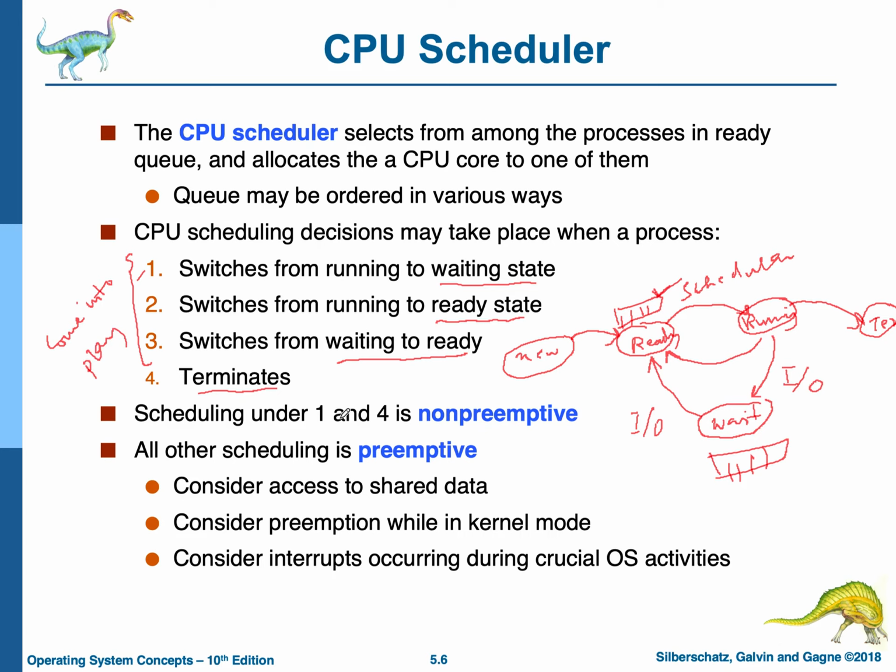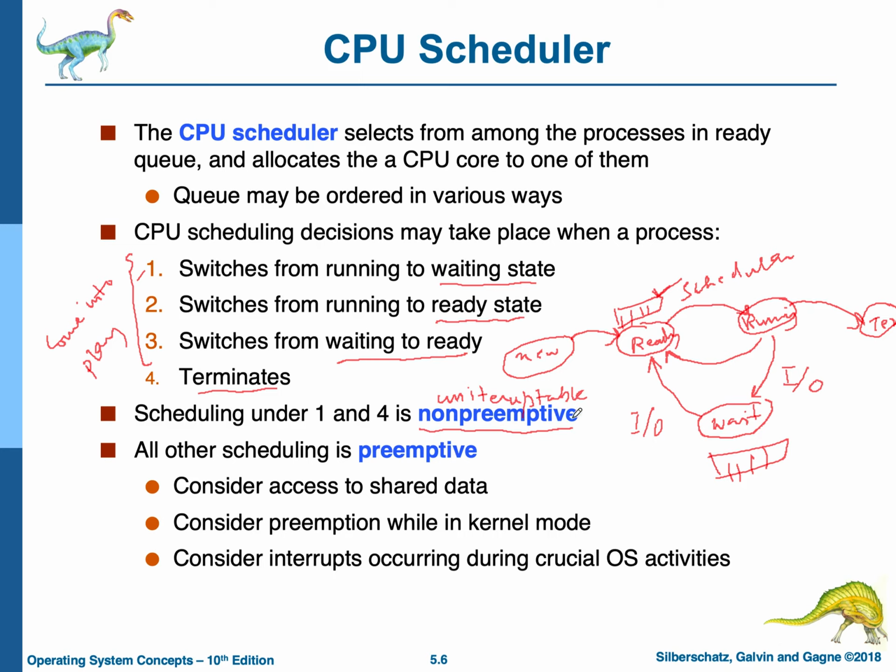Now scheduling under conditions 1 and 4, when the CPU switches from running to waiting state and when it terminates, is non-preemptive. When we say a process is non-preemptive, it means it is uninterruptible. Uninterruptible means that no interrupt can stop this job from completing.